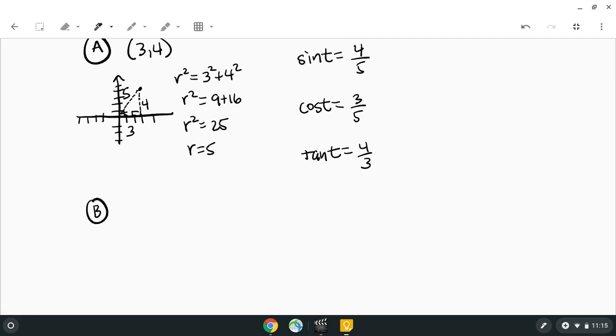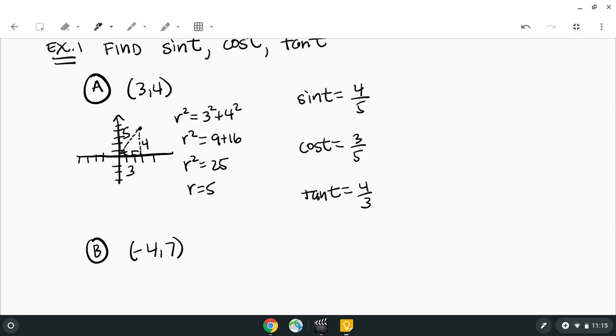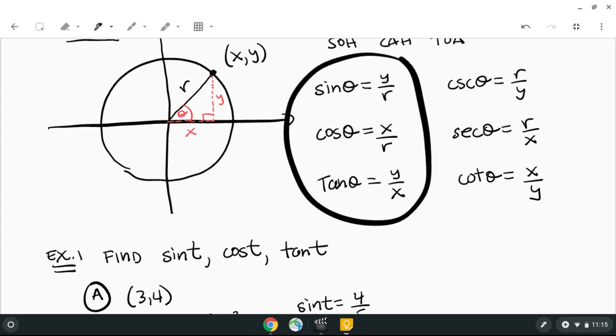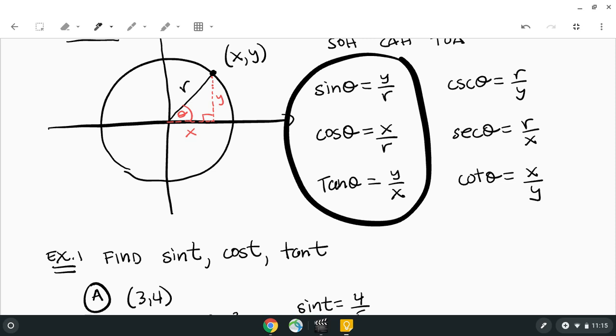Let's go ahead and do another one. So suppose that we have this point, -4, 7. Again, you don't need to draw the right triangle and plot it or anything like that, because really, to find the sine, cosine, and tangent, we only need to know what the x value is, the y value, and the r value.